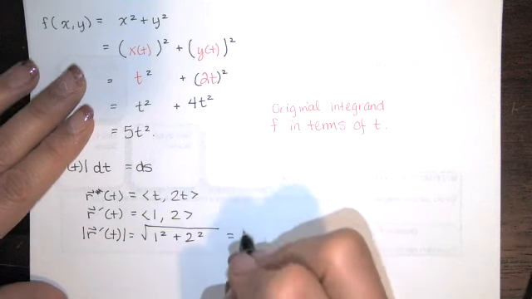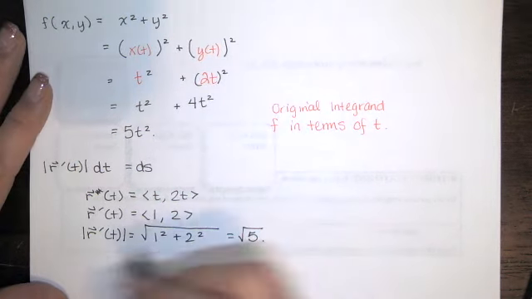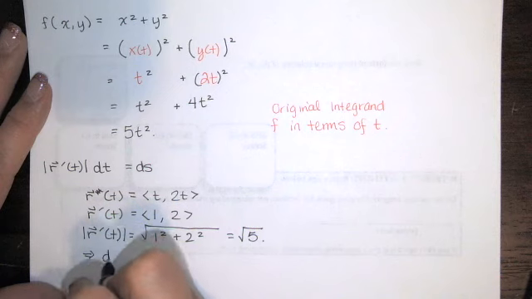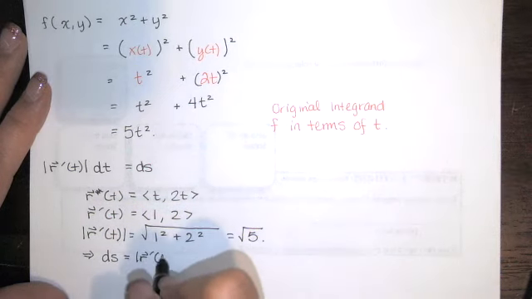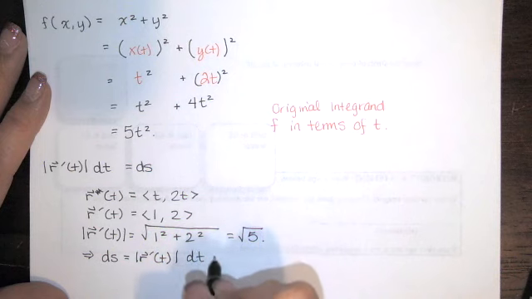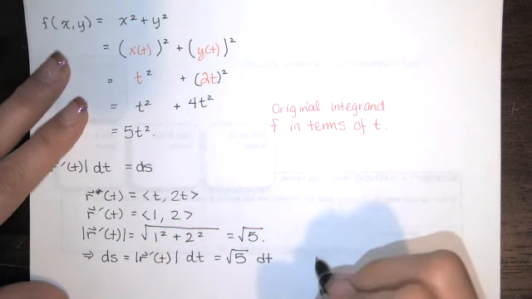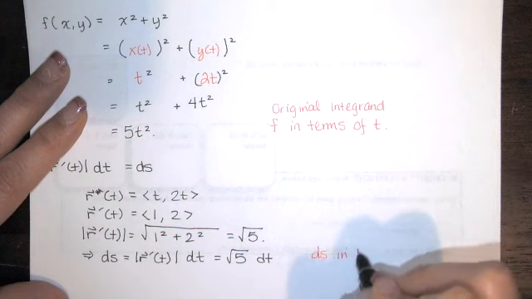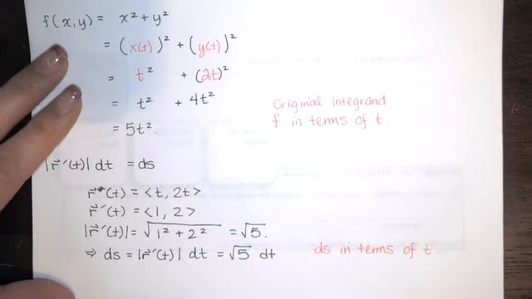This time we don't have functions of t, so it's really nice. We just end up with the square root of 5. So that means our ds is that magnitude times dt, which just happens to be square root of 5 times dt. Okay, that's nice and easy.